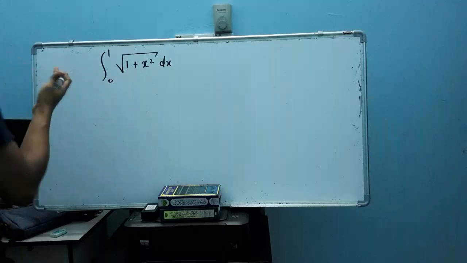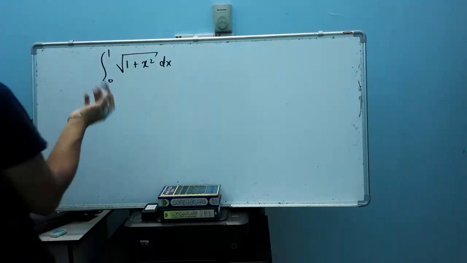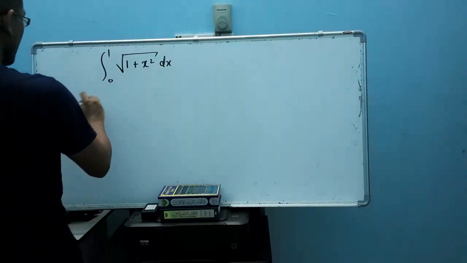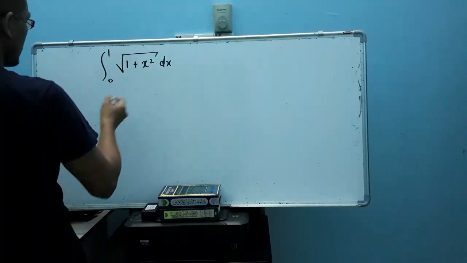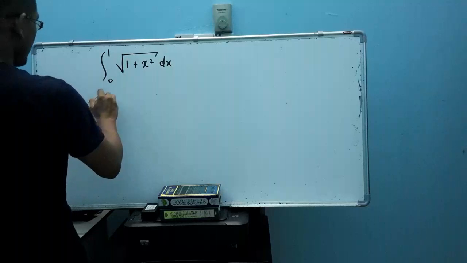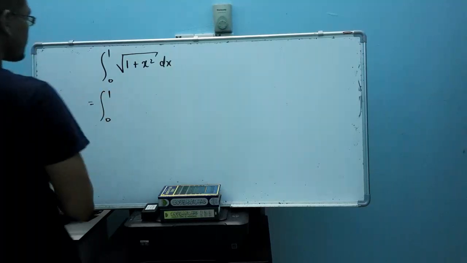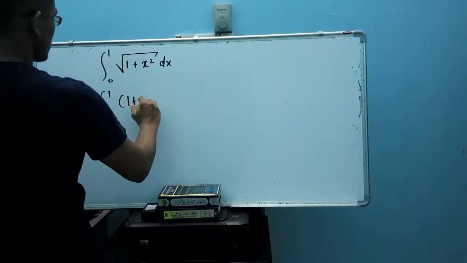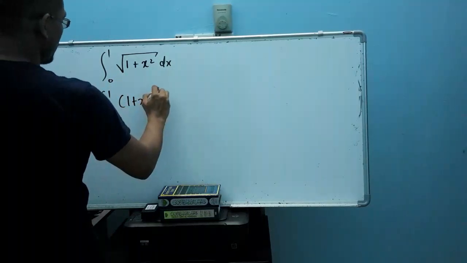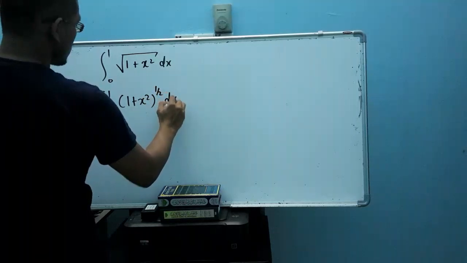The most common mistake that I found previously is when some students did it like this. For example, integrating from 0 to 1, I can write this as 1 plus x squared to the power of 1 over 2, dx.